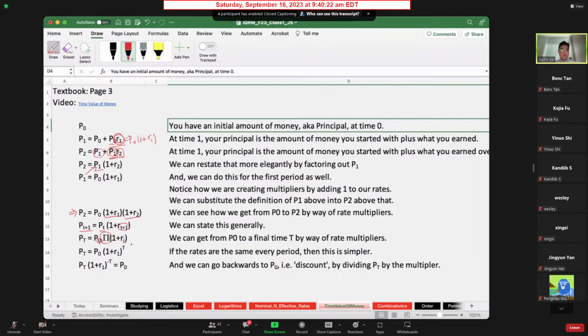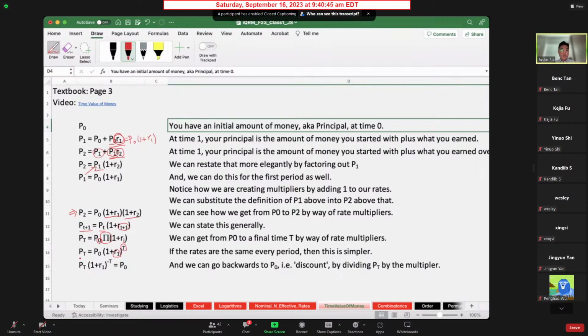So if we assume this interest rate is the same for every period, right? Let's say it stays as R1, like here. This multiplication becomes actually a power, t times, right?